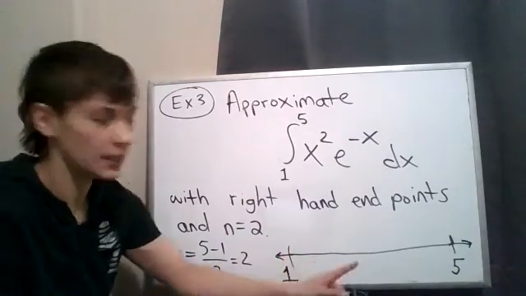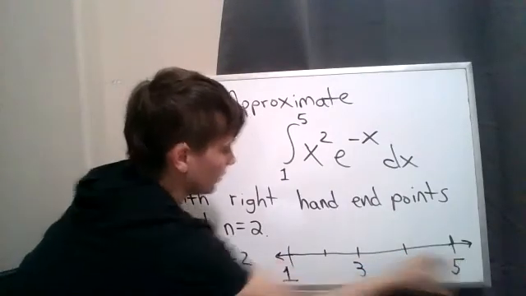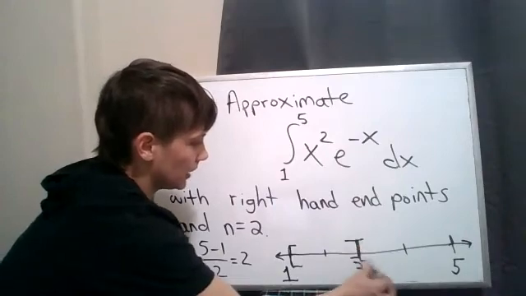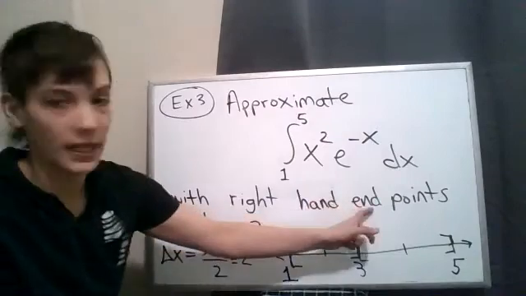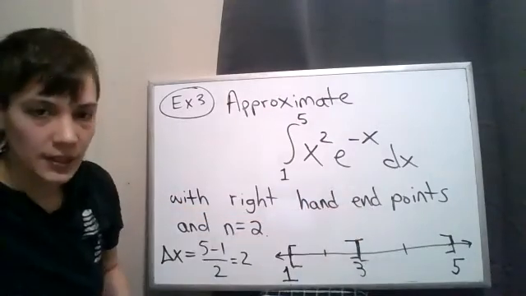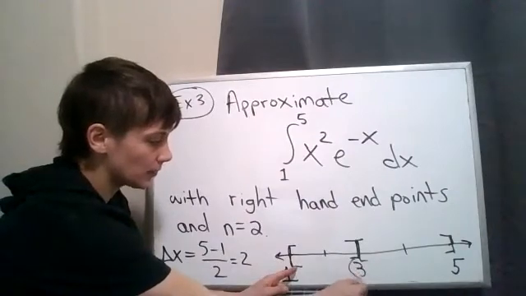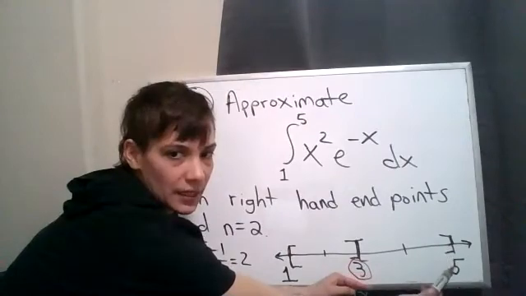So 1, 2, 3, 3 to 4 to 5. And we go from here to here, create a rectangle, here to here, create a rectangle, and use your right-hand endpoint. So from the first subinterval, the right-hand endpoint is 3. And your next subinterval, the right-hand endpoint would be 5.